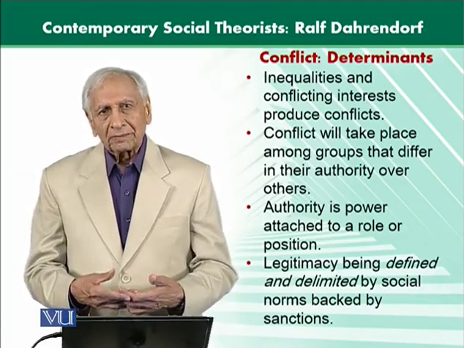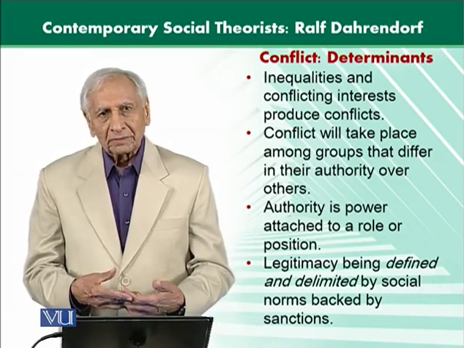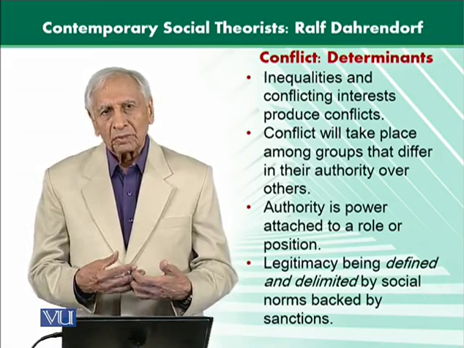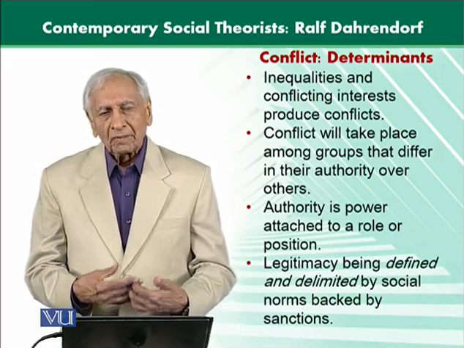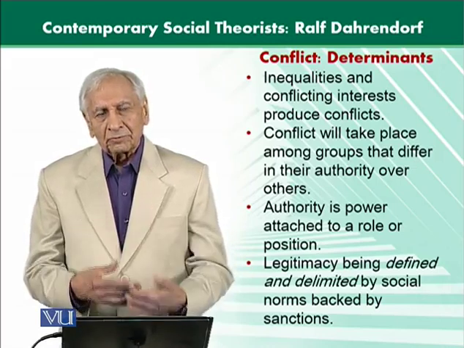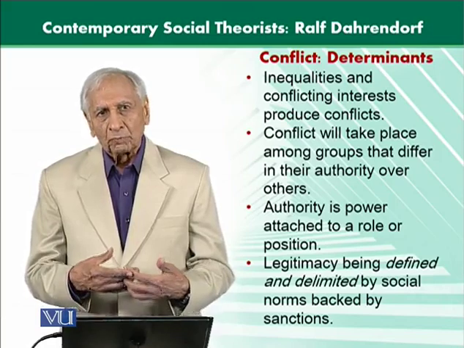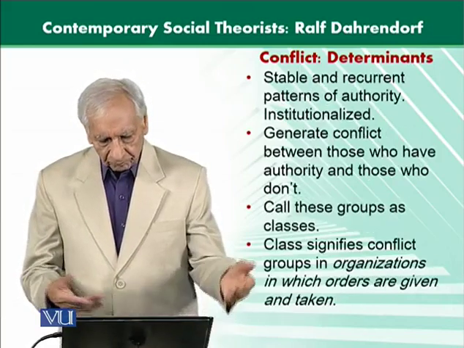So there are sanctions attached to the exercise of authority, that those who do not obey that authority might be punished, and the deterrence of the sanctions makes people obey that authority.